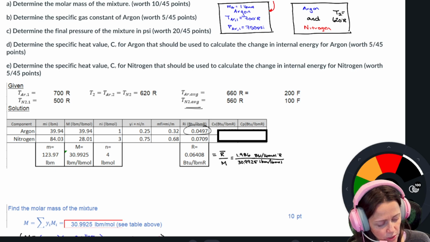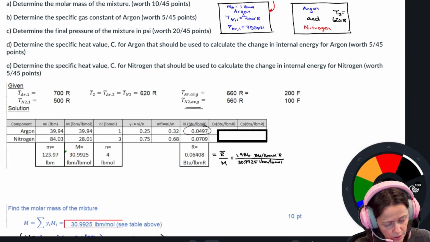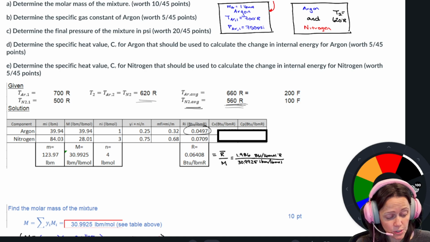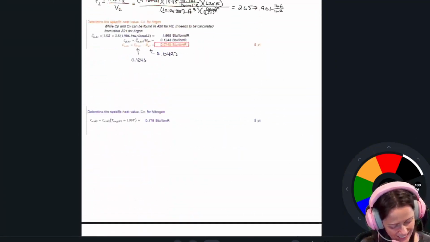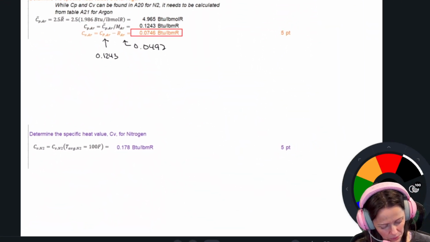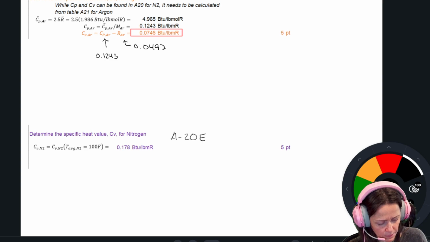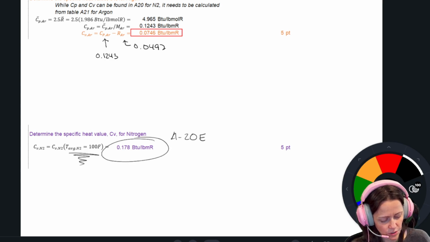So for your nitrogen, if your initial temperature was 500 and your final temperature is 620 degrees Rankine, that would make your average temperature 560 degrees Rankine, or just about 100 degrees Fahrenheit, which is very convenient. And we can look at table A20E, and you can look up that Cv at 100 degrees Fahrenheit and get your Cv for that.